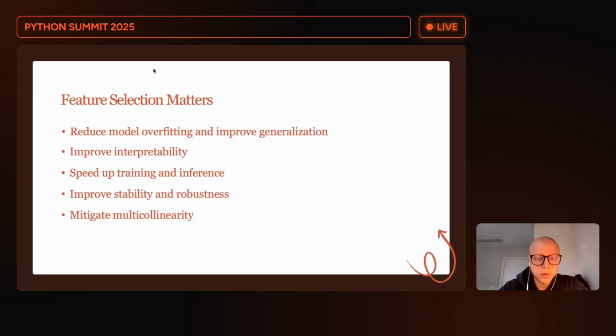Just for the background, we are talking about building a machine learning model, and this is a preliminary step to select the representation of objects that we find useful for our model. And why is this a very important step? Well, due to several reasons that you can see on the slide.